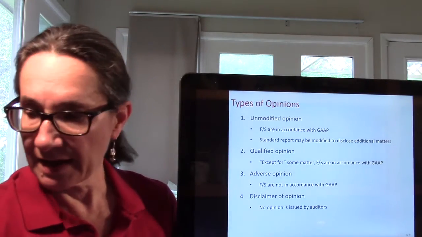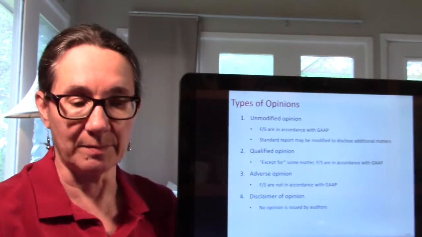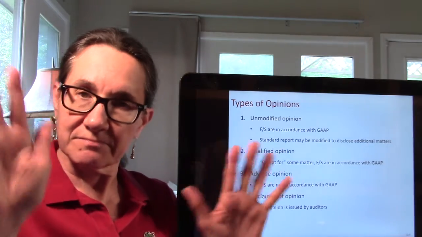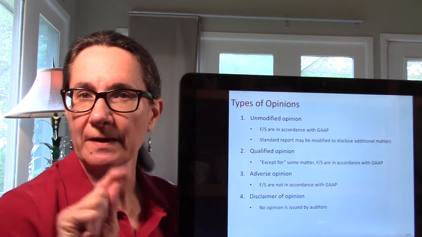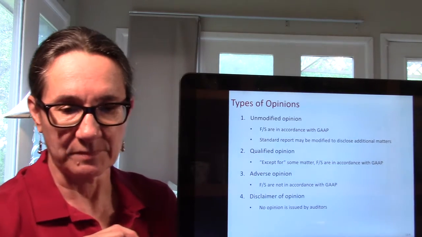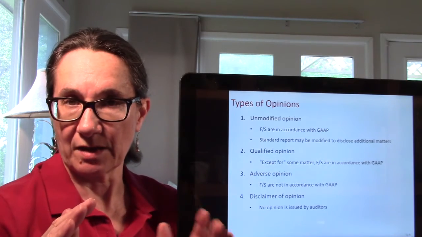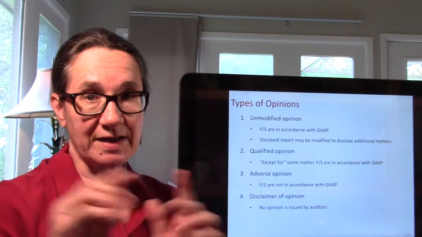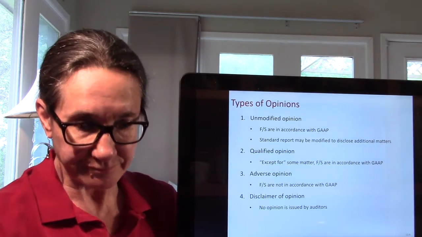One is a qualified opinion. That means they're fairly presented in all material respects, except for this one thing. We need to tell you about it, all right? So something is not in accordance with GAAP, but the financial statements are mostly okay, just this one thing. That's what we call a qualified opinion.